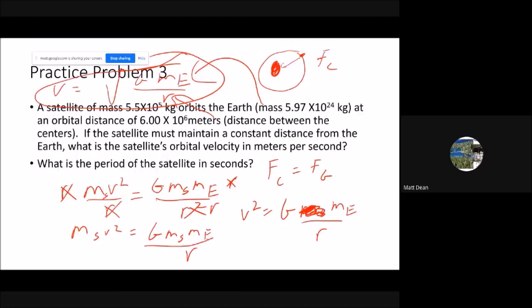Now this problem also asks us to find the period. To find the period equation, you're going to have to do a little bit of substituting.